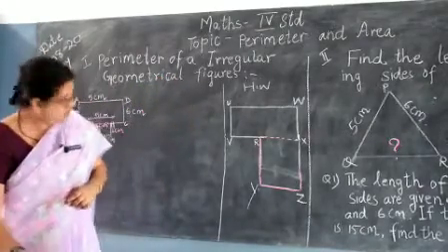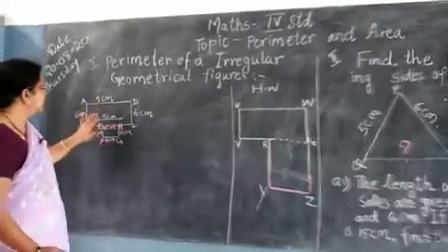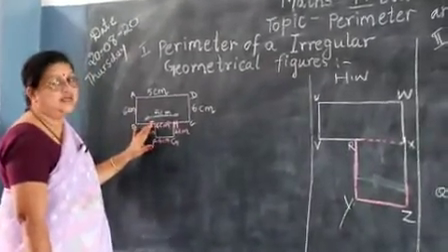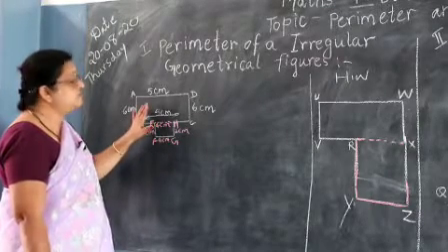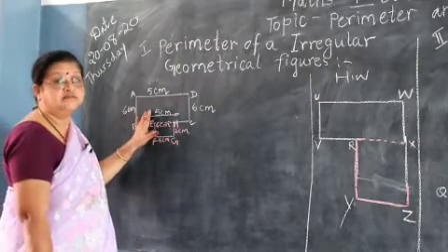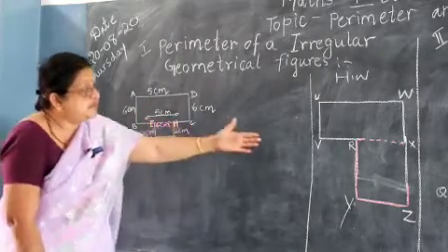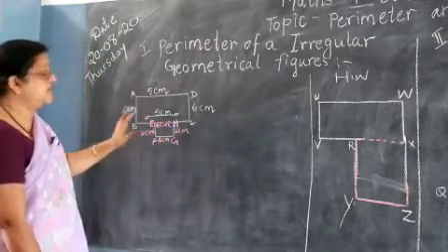Now see, children, this is a rectangle, and this rectangle has an irregular shape. Now how do you find the perimeter of this irregular figure? It can be this way. This also is an irregular figure. Now let me show you how to find the perimeter.